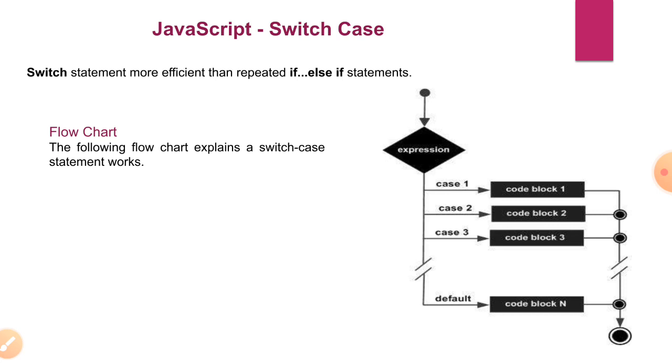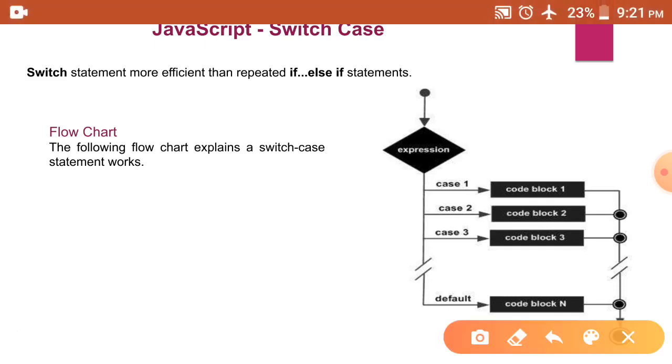So here, if you see the flowchart of this particular switch statement: first of all, this is the start of the program. First of all, we'll check the condition. If this conditional expression gives one result, then based on this expression's result, the case values will be checked.